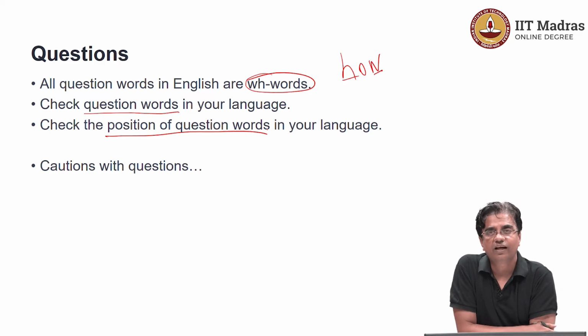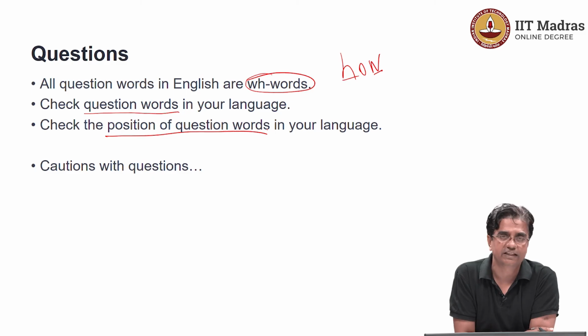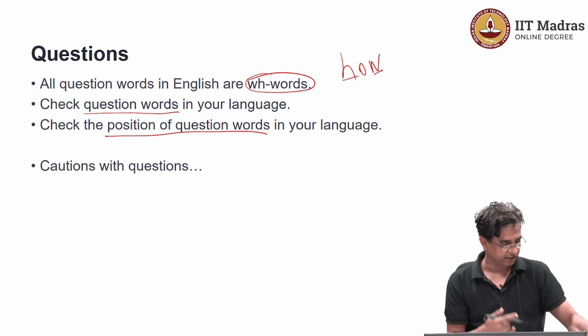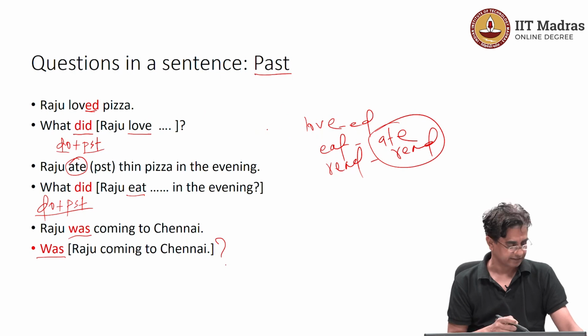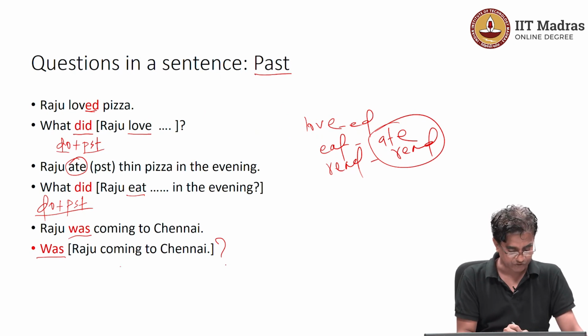You will see it happens only in English that question words get fronted. The question sentence begins with a question word in the content type question, and in yes-no questions, you still have the tense and agreement markers fronted, like this. Was Raju coming to Chennai? This is a yes-no type of question and it begins with a tense marker.